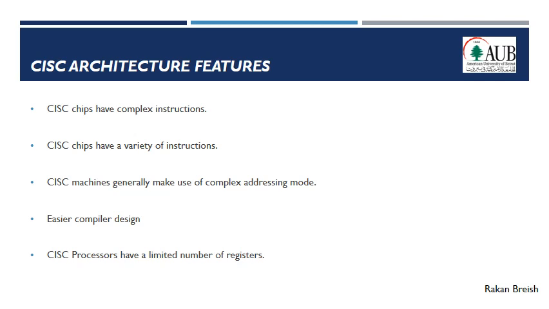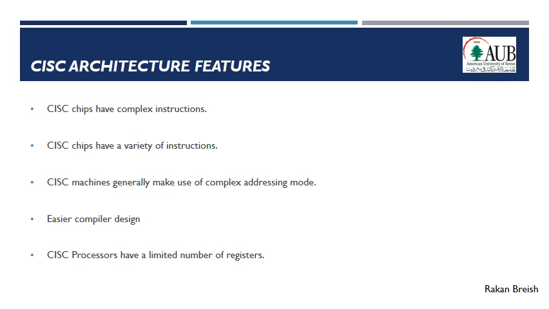Second, CISC chips have a variety of instructions. These instructions are complex and thus make smaller assembly code. Third, CISC machines generally make use of complex addressing modes, in which operands can be addressed from memory as well as located in different registers of the CPU.